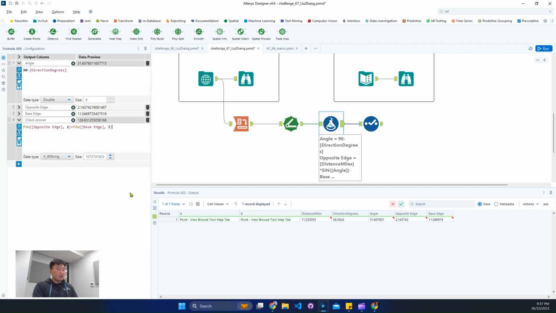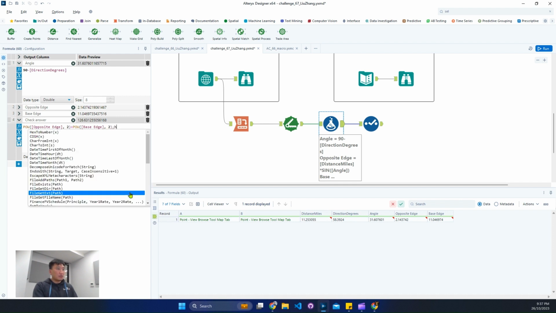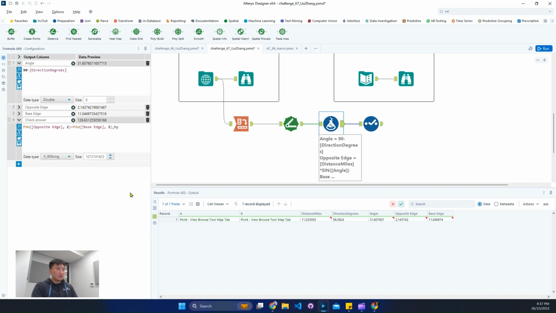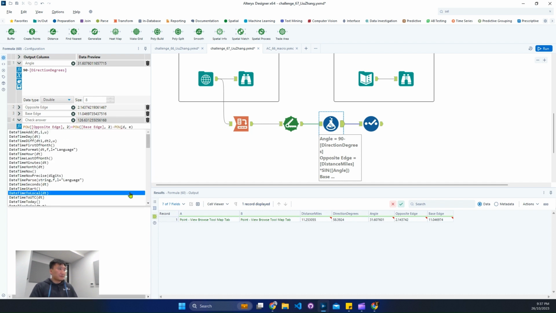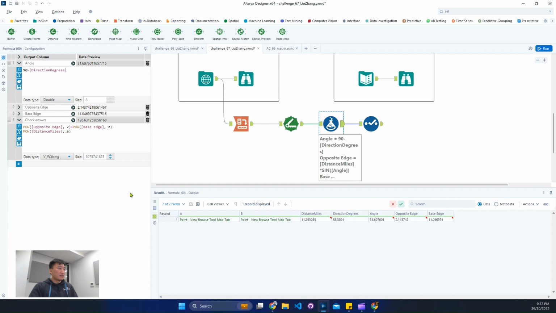Sum of that minus the hypotenuse. I haven't changed the name yet. Minus the power of the distance. You should get 0.